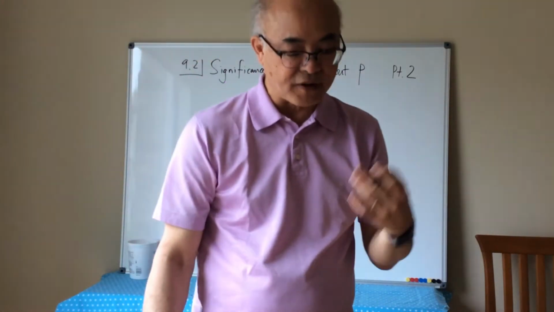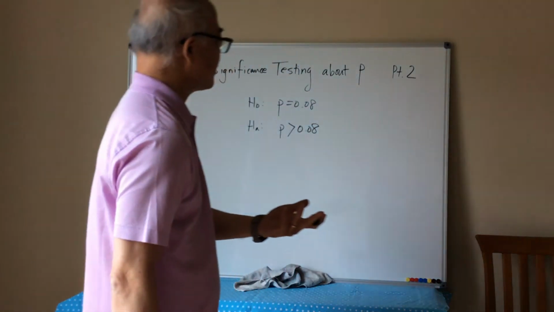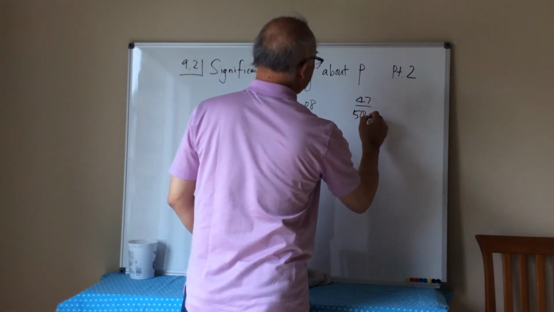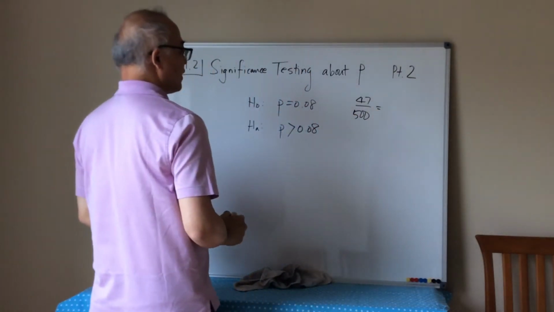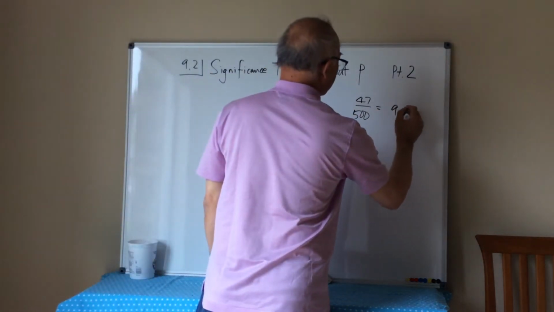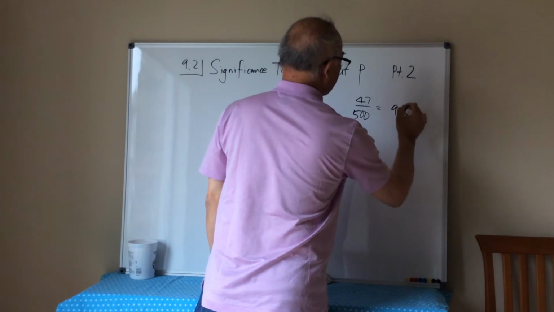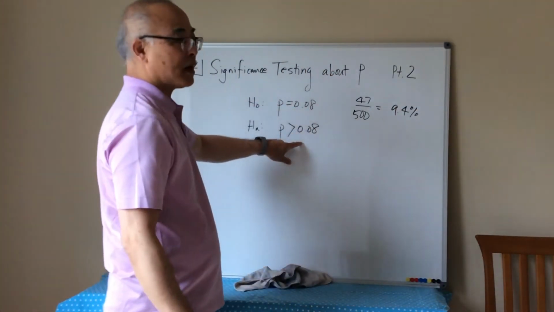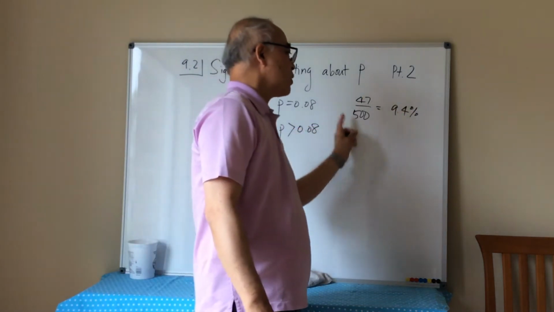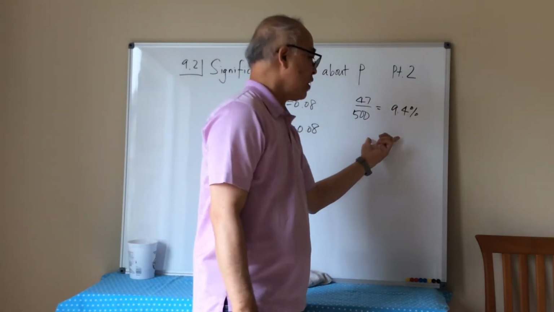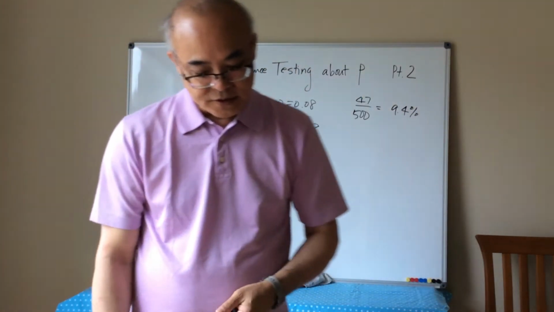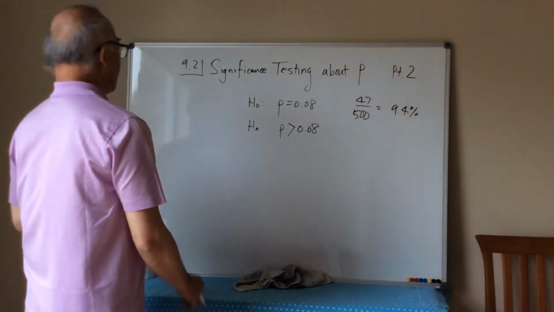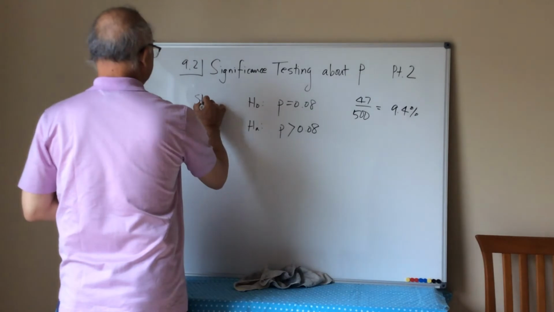And we have some evidence, because we got 47 out of 500, and that is 9.4%, which is greater than the 8%. So we have some evidence. The question is whether this is enough evidence. So that was the state.